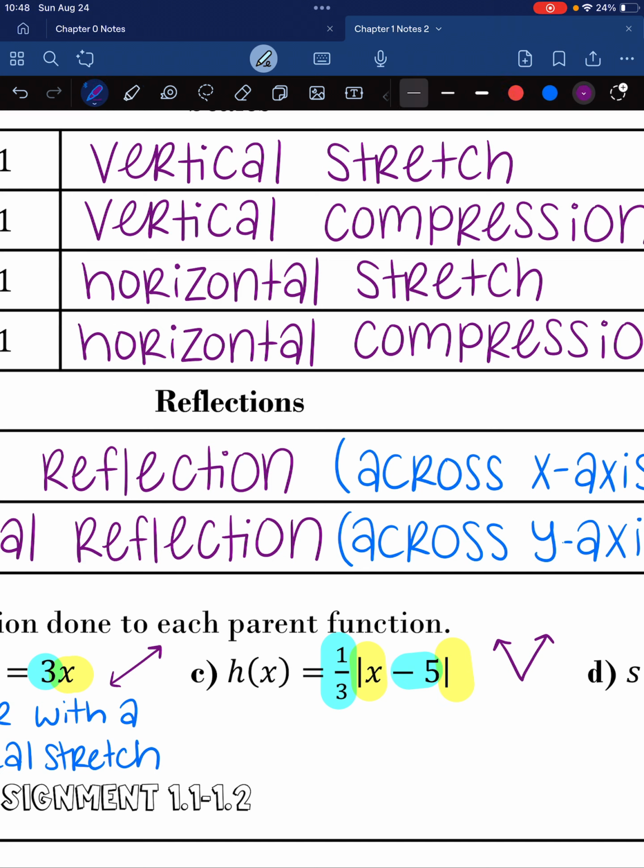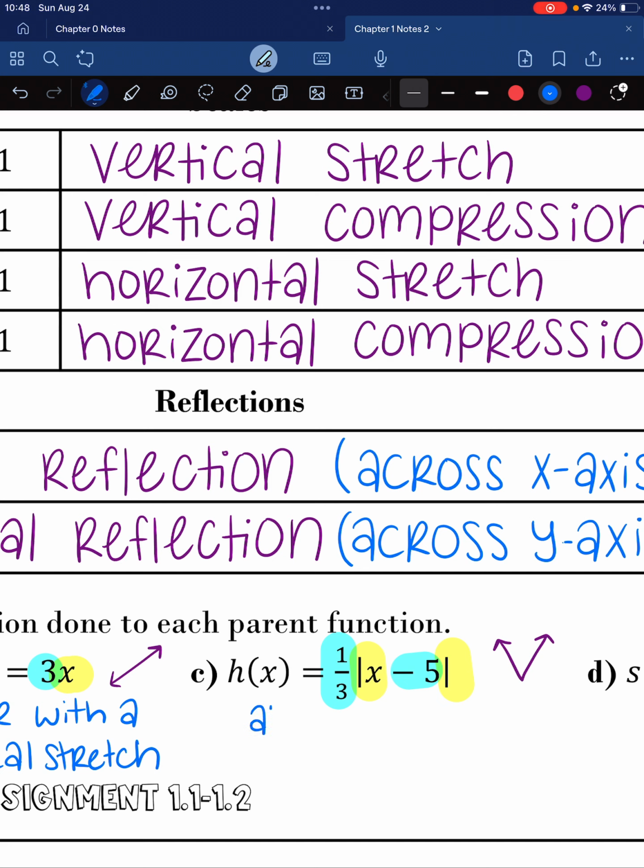And remember, subtracting 5 could mean 2 things. It could mean I move to the right 5, or it can mean I move down 5. It just depends on where it is. So we need to be careful. Remember, if it's inside with the x, x is my horizontal axis, so it's going to move it horizontally. So this minus 5 means it is going to move to the right 5.